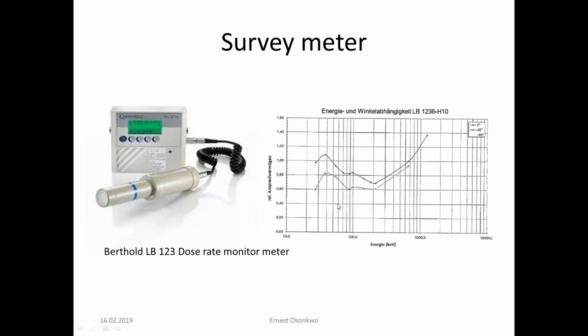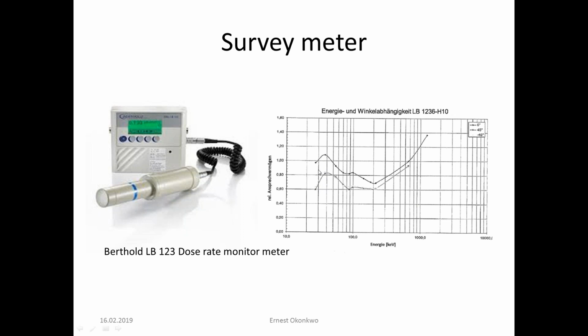Survey meter. It's also important to know your survey meter. What are the limitations that your survey meter has? We use the Berthold LB123 dose rate monitor meter. If you look at this curve, you have 0 and 45 degrees. You see that there is a directional dependency here.